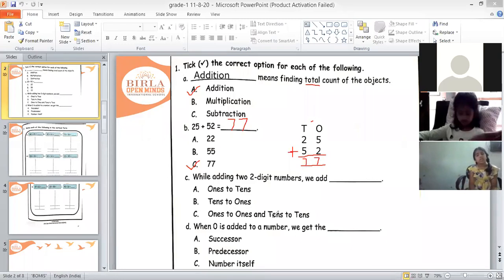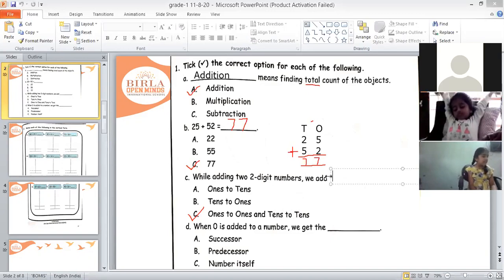So which option is correct? Janvi, which option is correct then? Ones to ones and tens to tens. Very good, Janvi. So children, third option is correct. We will put a tick here. We are adding ones to ones and tens to tens. So we will write this answer in this blank space also. Yes, children, start writing.